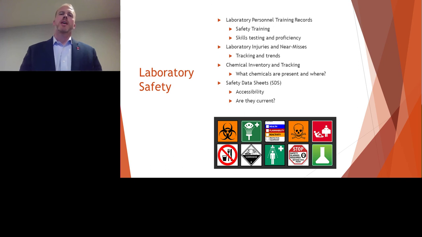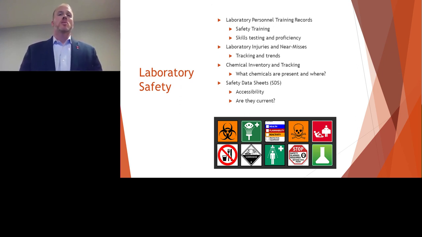And then also being able to maintain a list of any type of lab injuries, or what we would call near misses, if something almost happened. That way you can look for trends, and really understand if there are ways that you can become more efficient, or things you can do to help reduce any potential injuries or accidents. Because, again, it's not just like when instruments break or something goes offline.